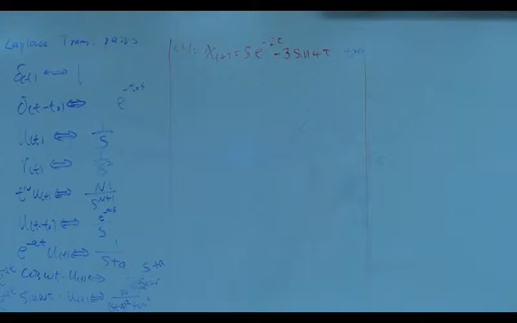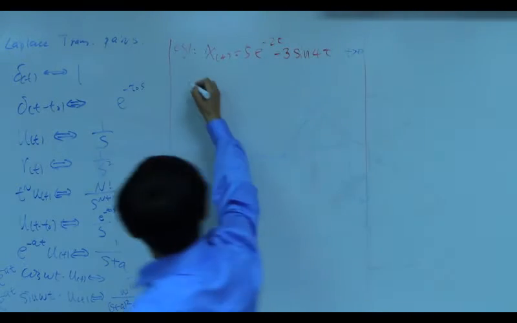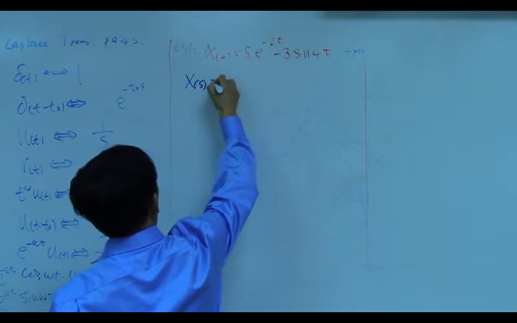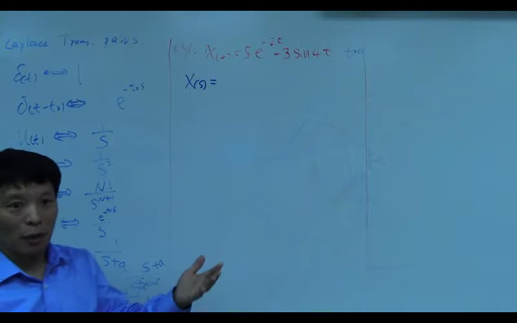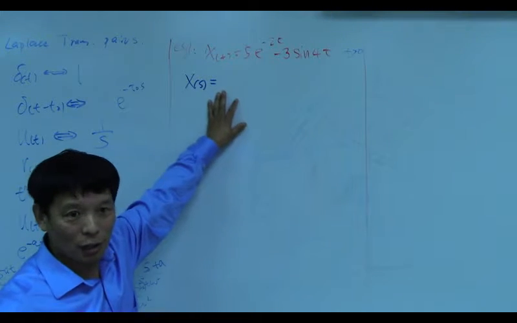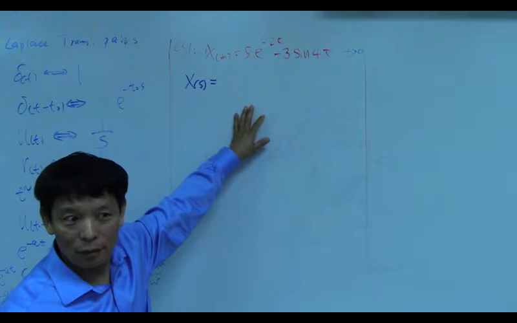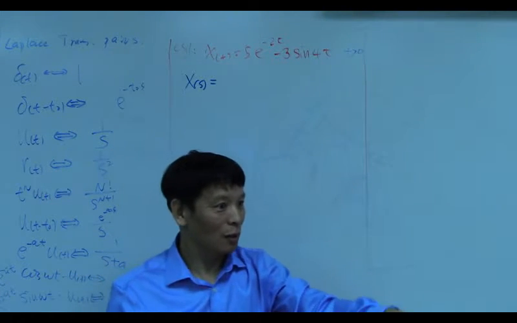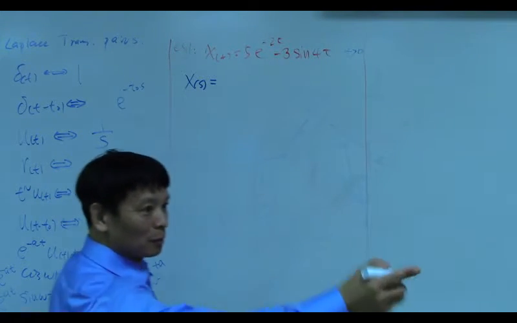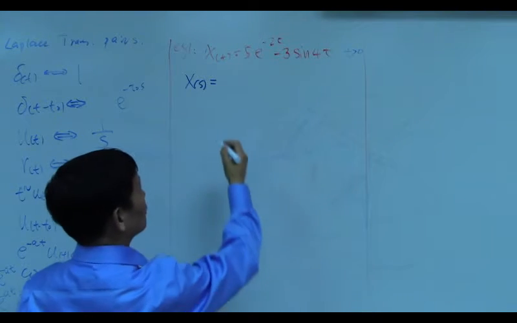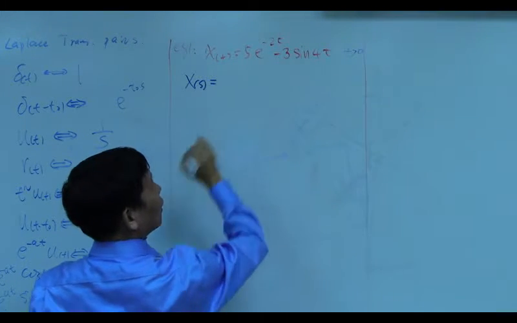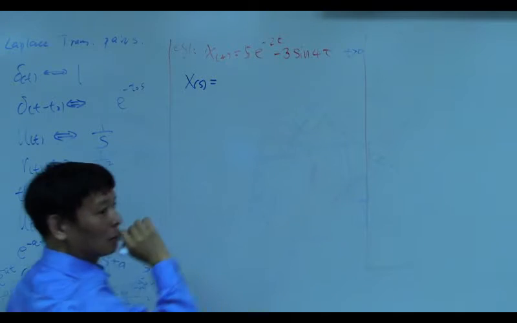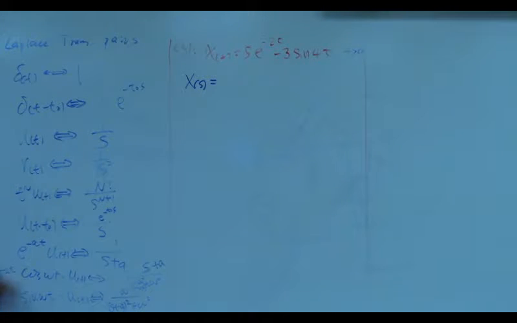Is that good? Okay? So the Laplace transform of this, as we said, has two parts. The first part, anyone try? How about we go in order? You try the first part. Do we have any pair that can be used here?